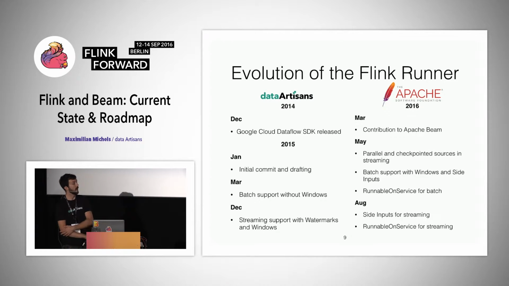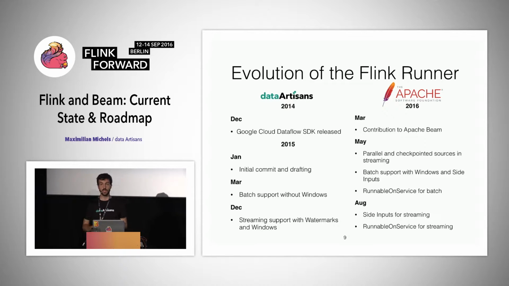To understand how the Flink runner reached its current state, I want to give you a brief history of the Flink runner. So I divide this into 2 sections, the Data Artisans era and the Apache era. In the beginning, people including me at Data Artisans were, after the Google Cloud SDK was released, investigating how to create a runner.